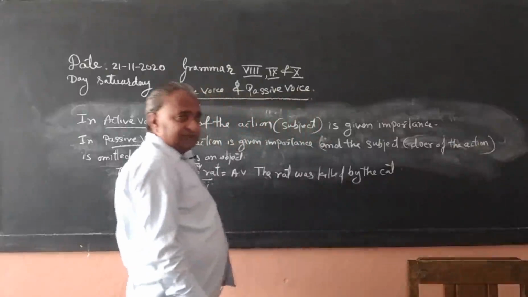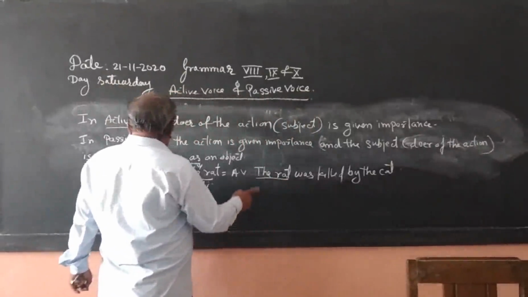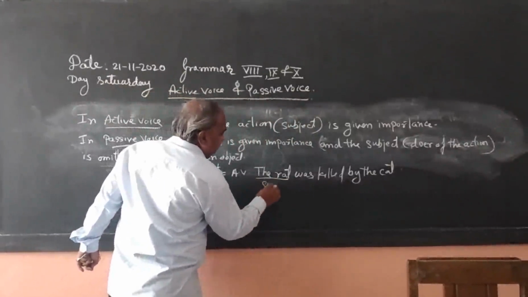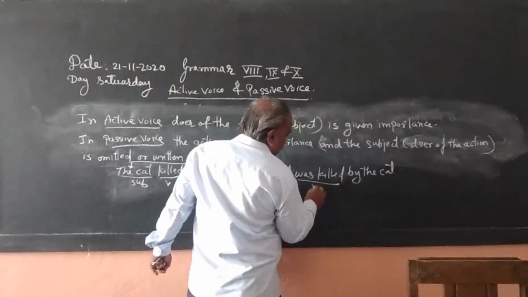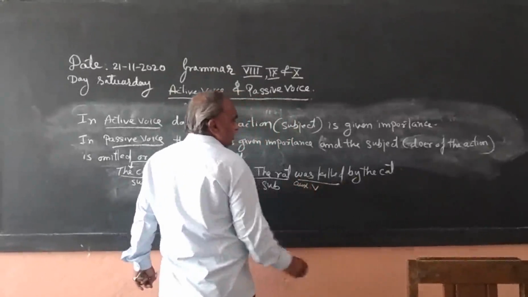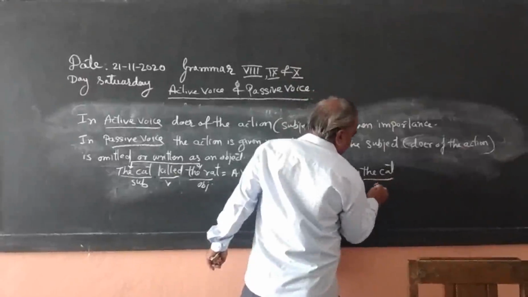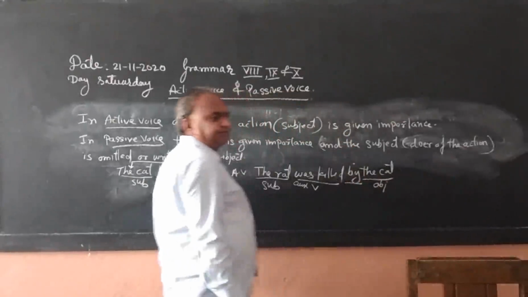Now see the basic here. The rat has become the receiver of the action. He has become the subject here. Was killed is the verb here with the auxiliary verb. And the cat has become the object of the verb with the governor by.